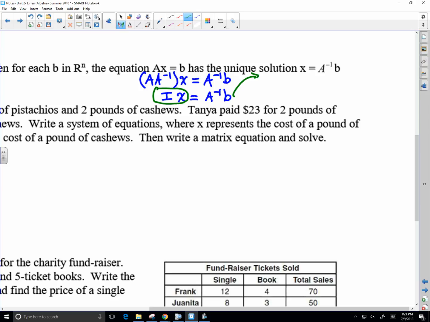So when multiplication is possible, I times X would be equal to X, which would give you the relation that X equals the inverse of A multiplied by B. It's an important thing to keep in mind, because if I gave you something like a 3 by 3 identity matrix and an X matrix of 7 by 1, so the vector with 7 rows, that wouldn't carry through multiplication, so it wouldn't make sense, and so this relationship wouldn't hold.